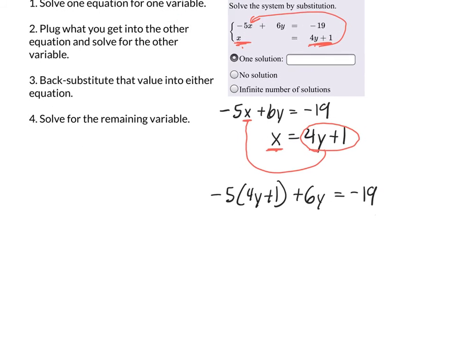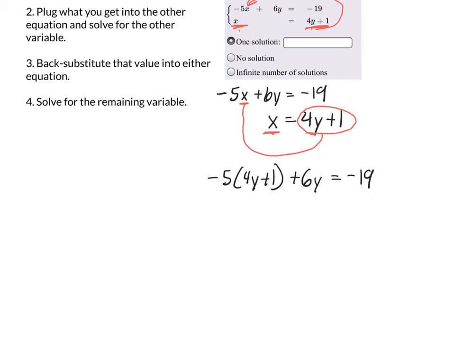And then that is just a linear equation like we did at the beginning of the semester. You'll want to, not substitute, but, I'm stuck on substitute, you want to distribute the -5. That gives you negative 20y minus 5 plus 6y is equal to negative 19.